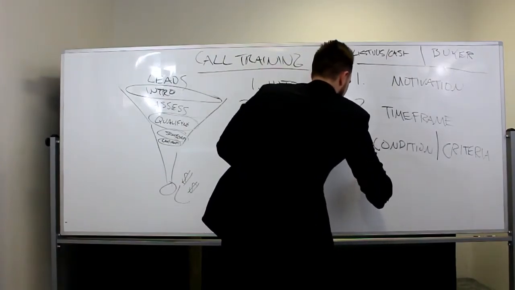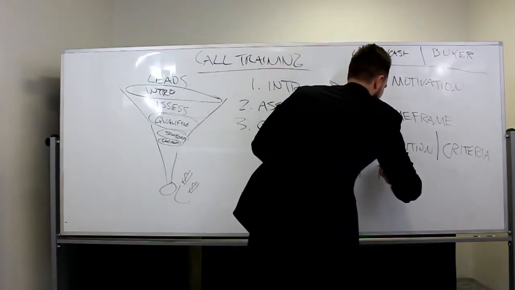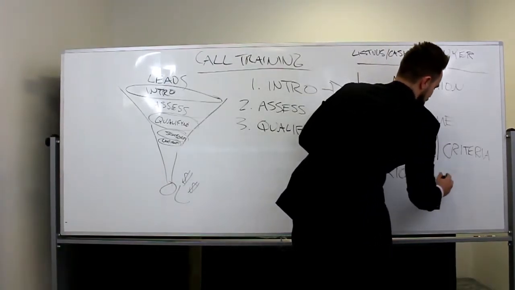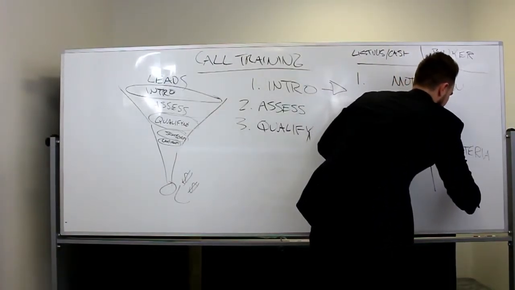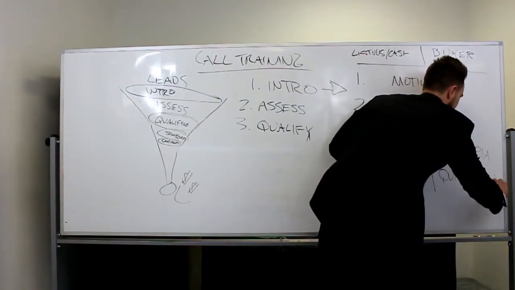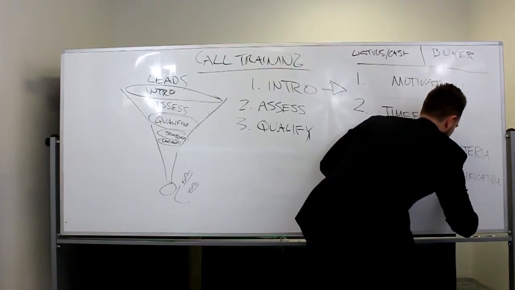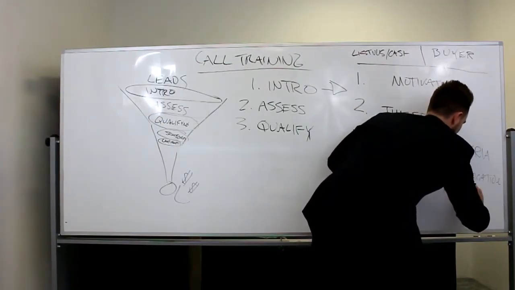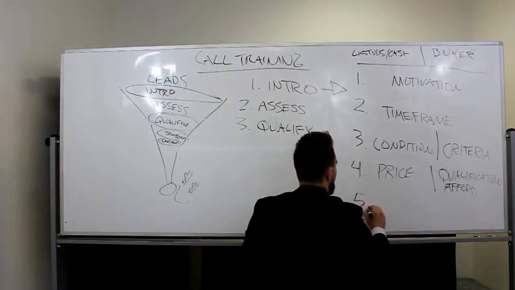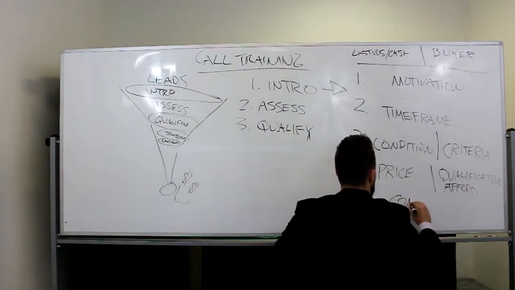Fourth, price for listings and cash, what they think it's worth. And this side is more of a qualification, or what can they afford? Conversation. Okay. And then fifth, what is the competition?